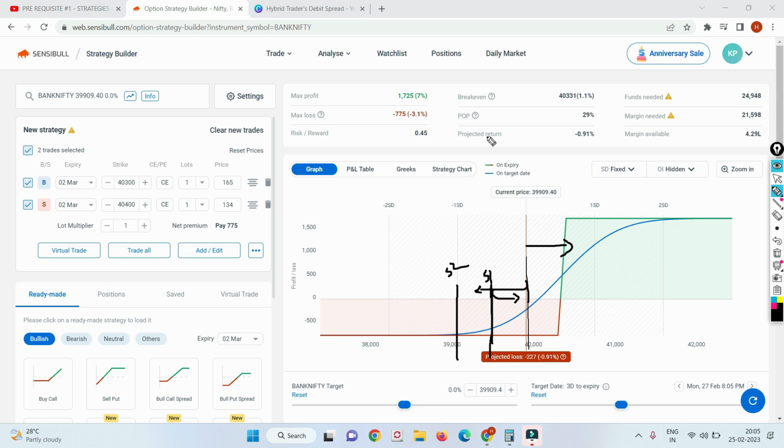So when the market is trying to take a U-turn, I can sell from either the put side or the call side. If my view is that the market came down and might take a U-turn, then I would sell from the put side.